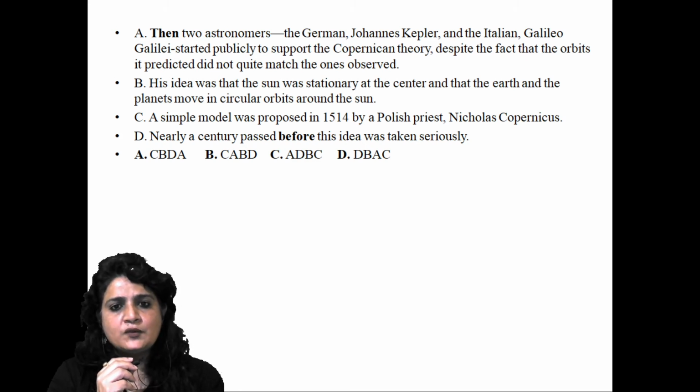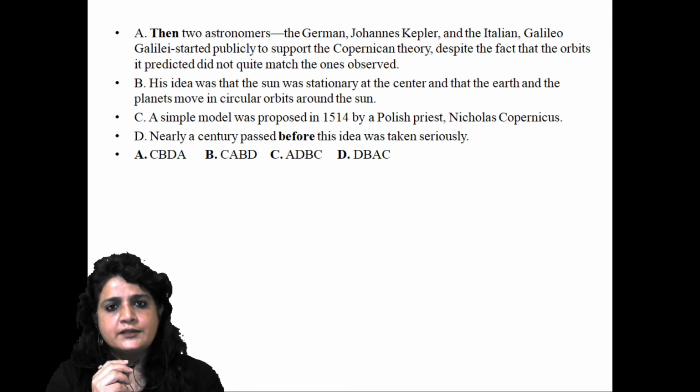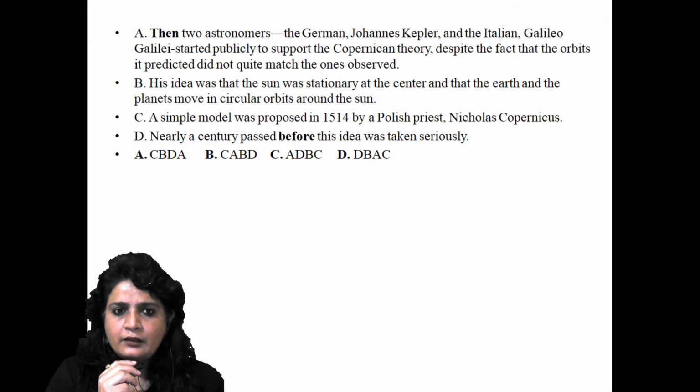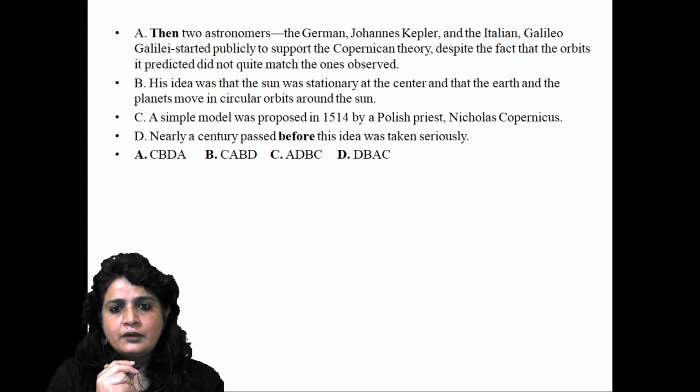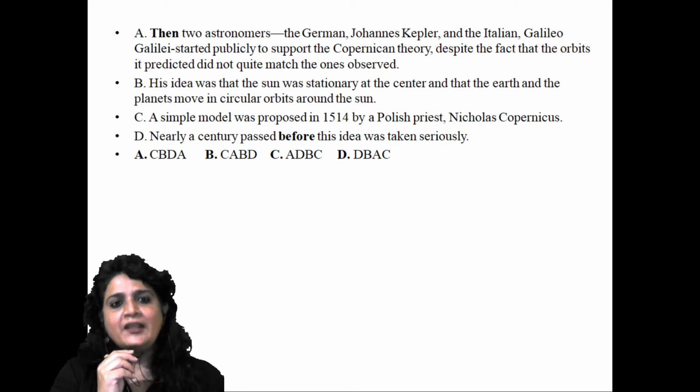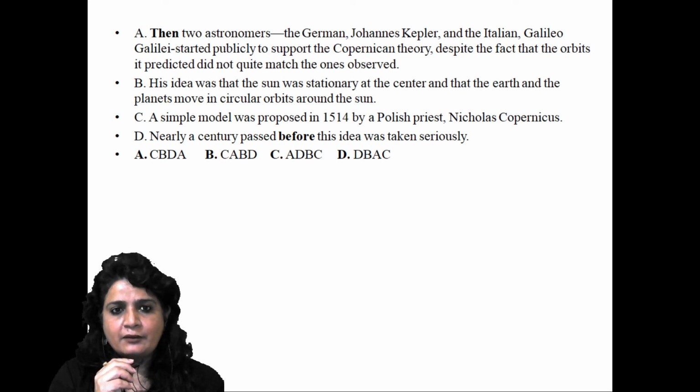A simple model was proposed in 1450 by Polish priest Nicholas Copernicus. A model was introduced. Then he says, nearly a century passed before this idea was taken seriously, right? So C has to be followed by D, and then the two astronomers publicly supported Copernicus theory.